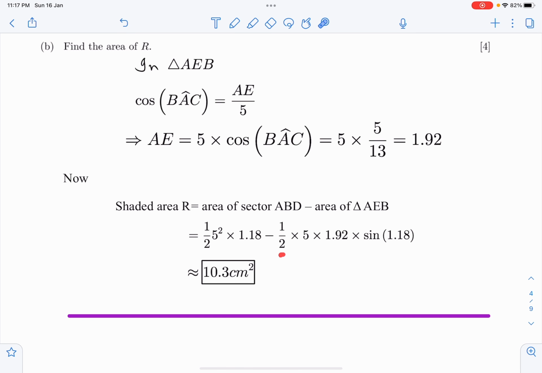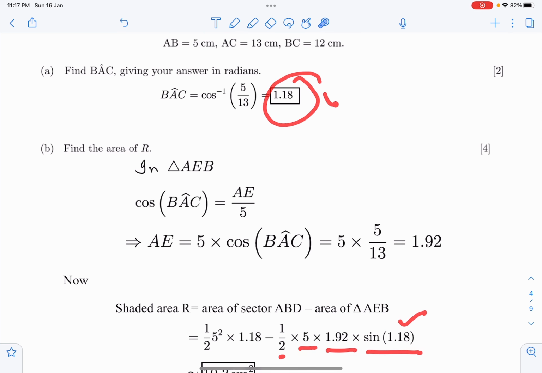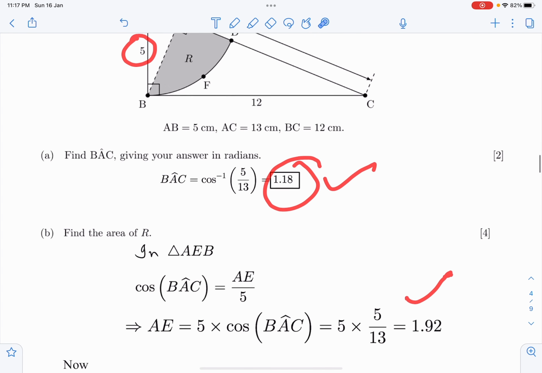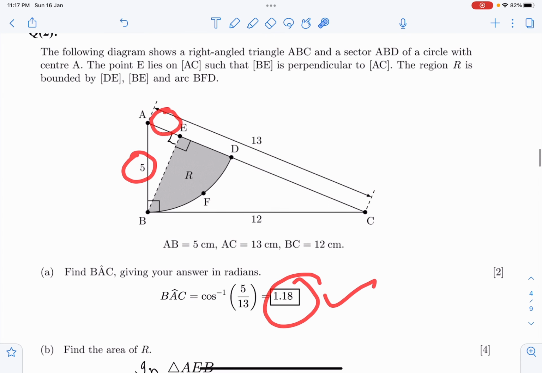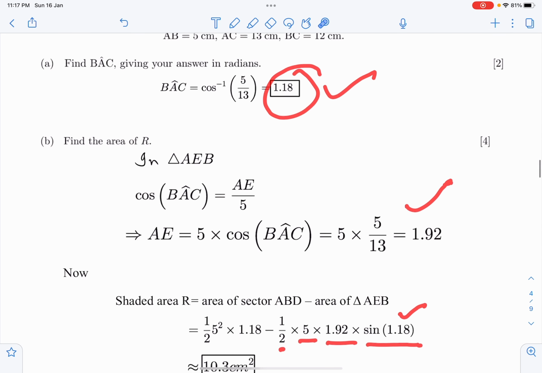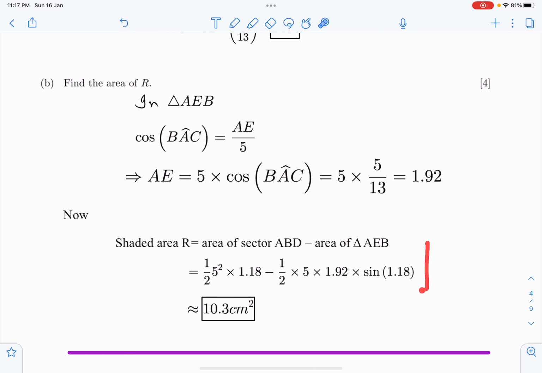Minus half into 5 into 1.92 into sine of the angle included between 5 and 1.92, which is 1.18, already found. I am using the lengths 5 and AE, which we already found as 1.92, and this angle 1.18, to find the area of this triangle.